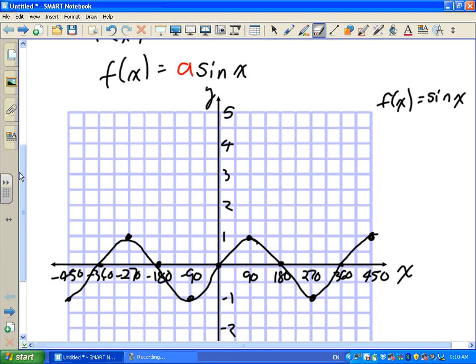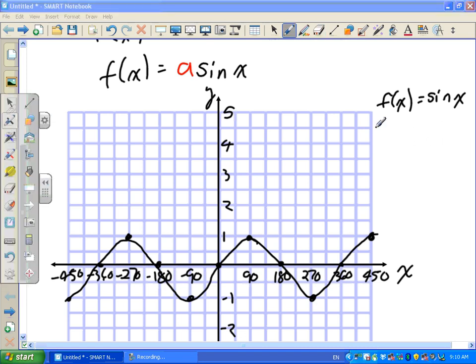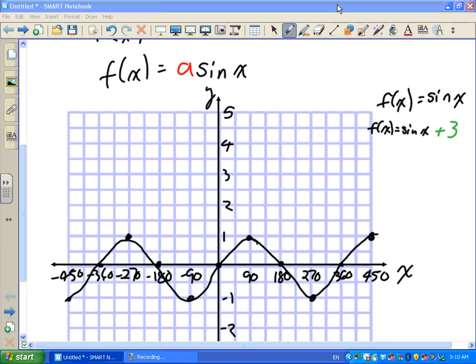Let's write that smaller. f of x equals sine x. And I'm going to put plus 3. What do you think is going to happen to this wave? K represents plus 3 now, okay? Thomas? Yeah. All we're doing is moving this wave up 3.